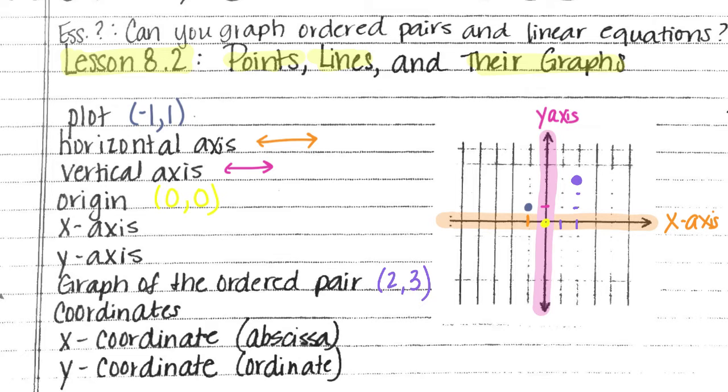Coordinates are an xy coordinate, so if I graphed -2, -3, the coordinates of that graph in pink are -2 and -3. The x coordinate and the y coordinate, remember the x is always first, the y is always second.